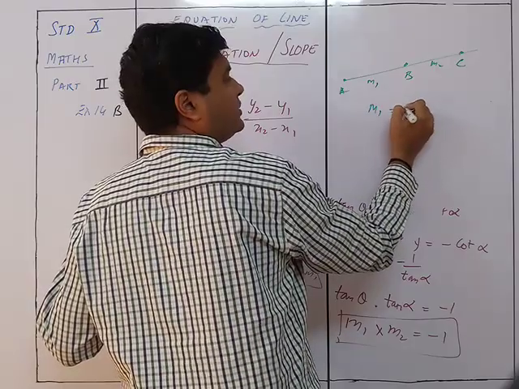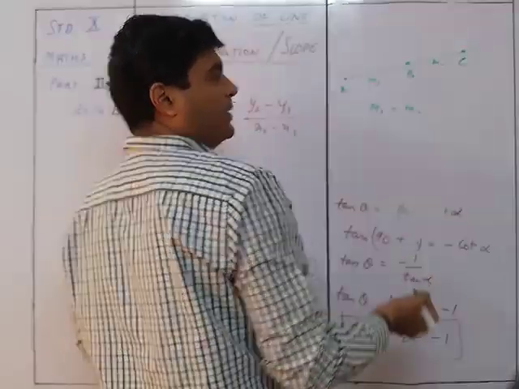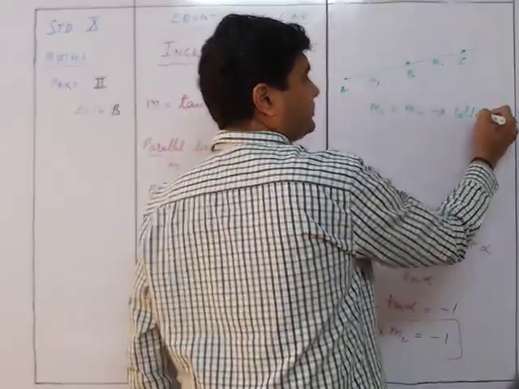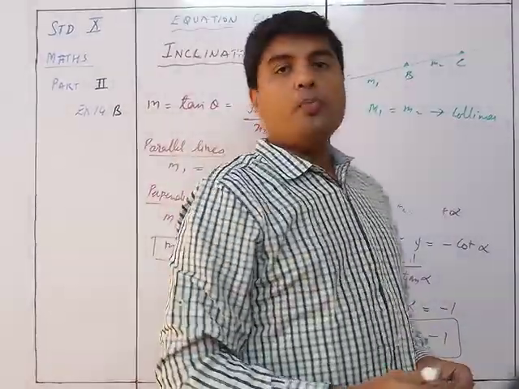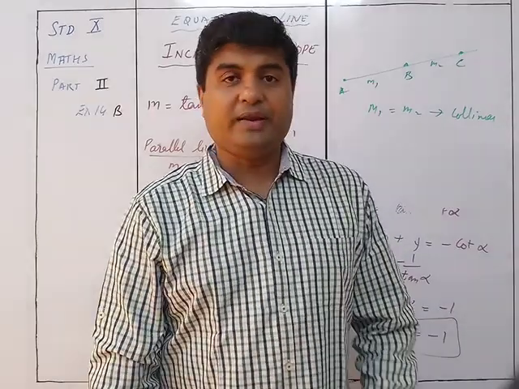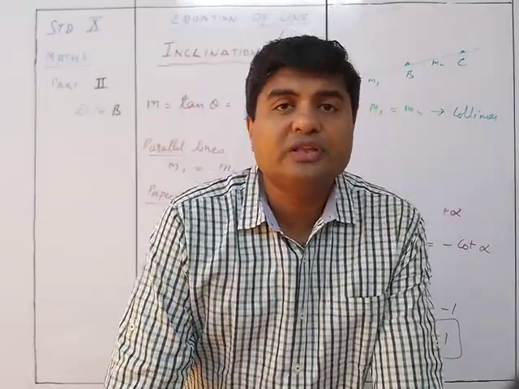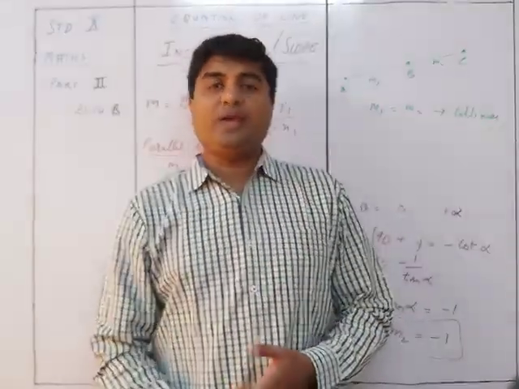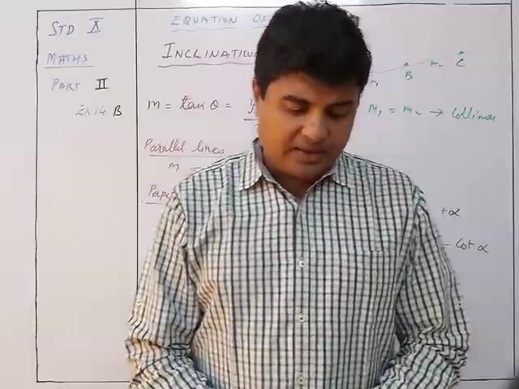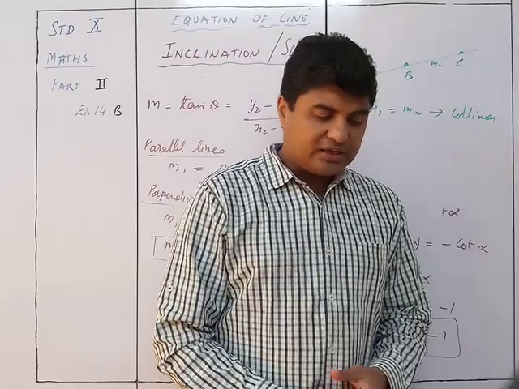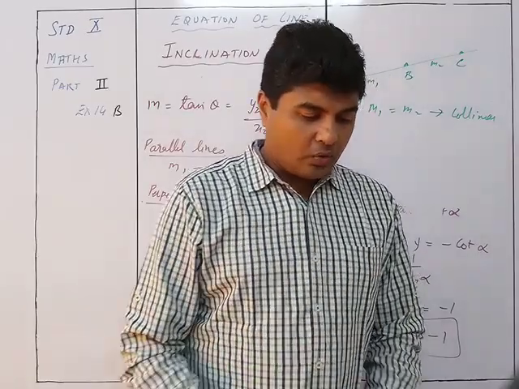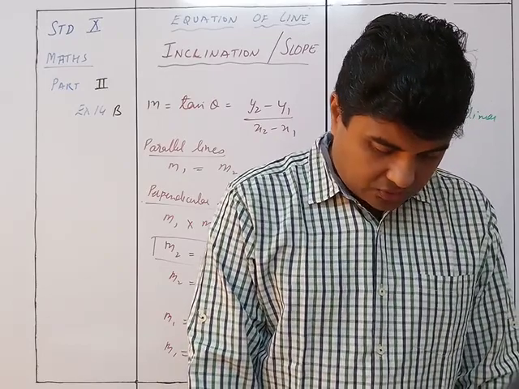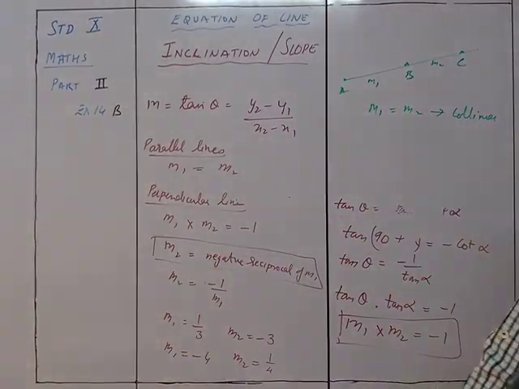If m1 is equal to m2 and B is a common point, then automatically it's collinear. So for 3 points to be collinear, the slopes of the 2 lines AB and BC should be equal. That's the condition of collinearity of 3 points. So that was about the formulas.